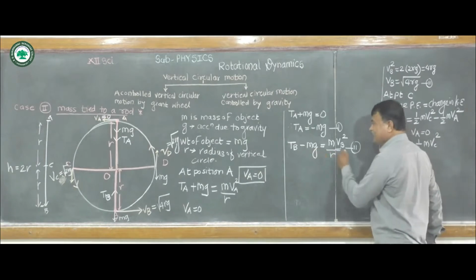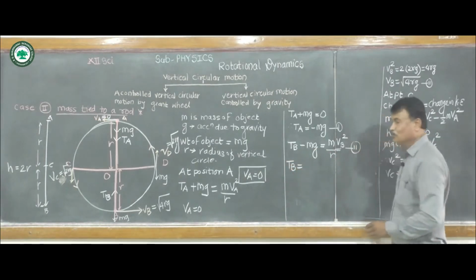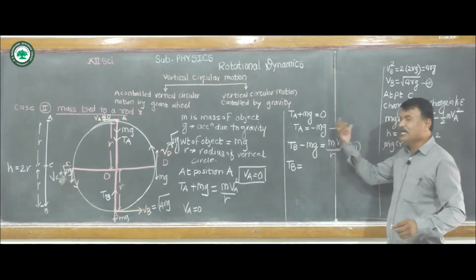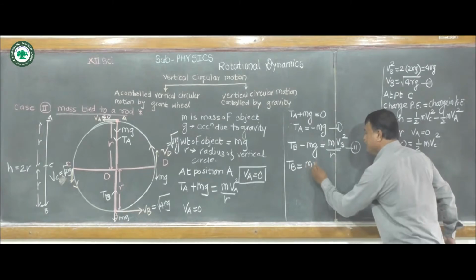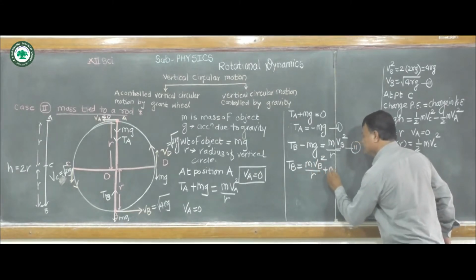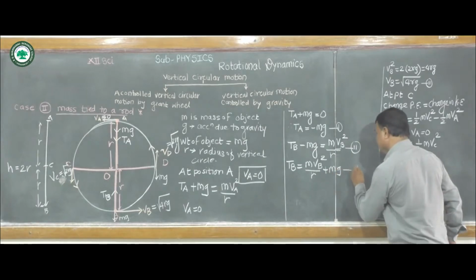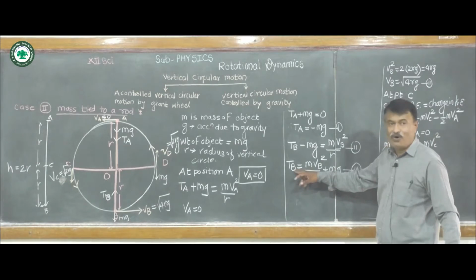By rearranging equation 2, we get TB is equal to, this minus mg on that side will become plus, and that's why we write mvb square upon r plus mg. Equation 3. Equation 3 gives us tension at point B.